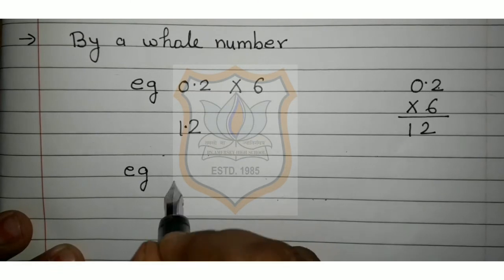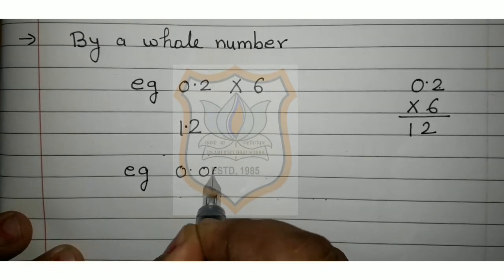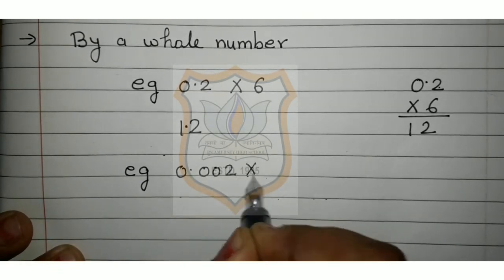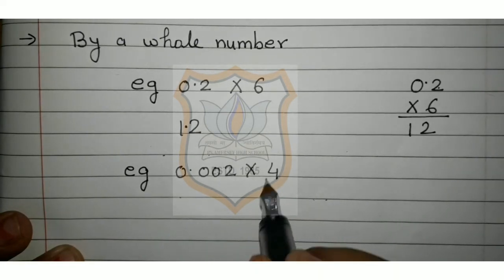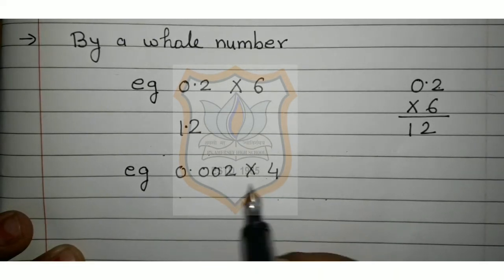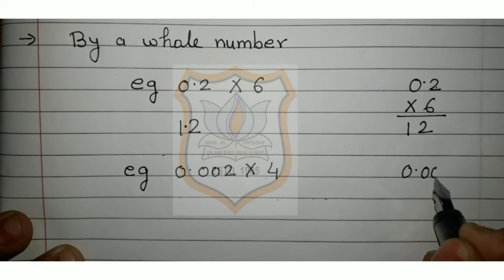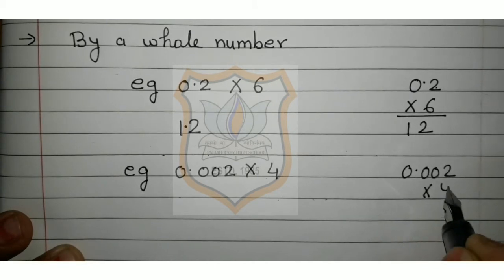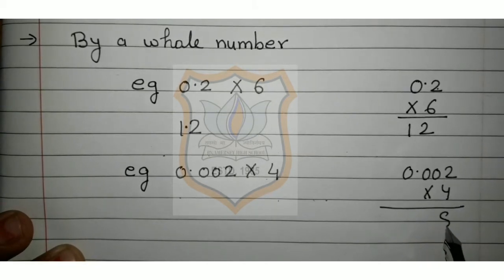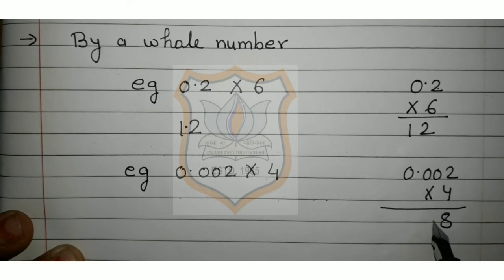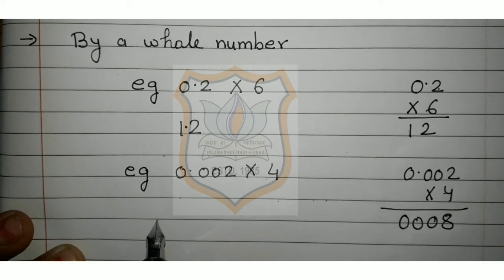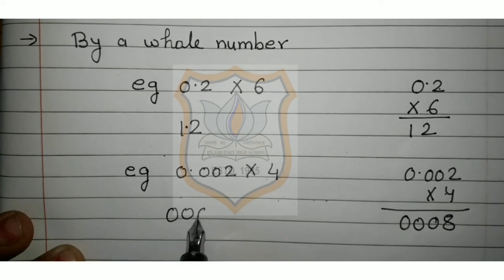Example: multiply 0.002 by 4. So 4 into 2. 4 2s are 8. 4 zeros are 0. So the answer is 0008.